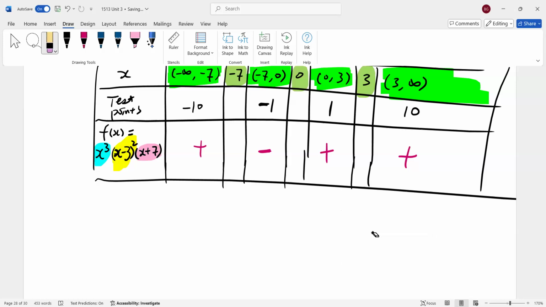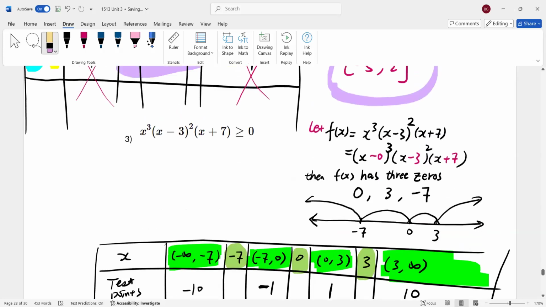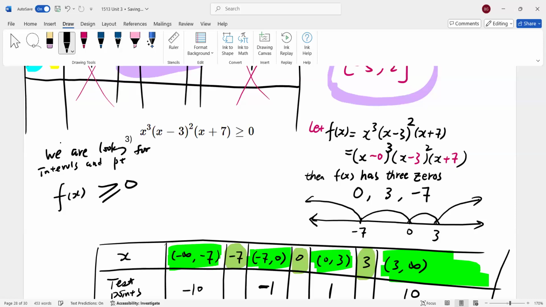That's the reason. All right, so what are we looking for? Let me point it out. We are looking for intervals and the points at which f of x is bigger than or equal to 0.